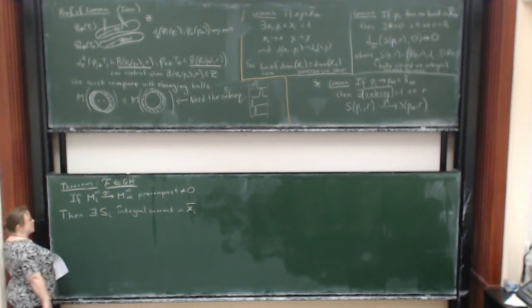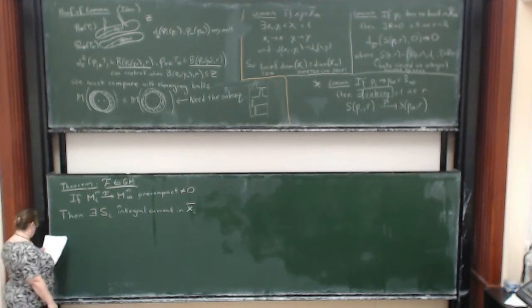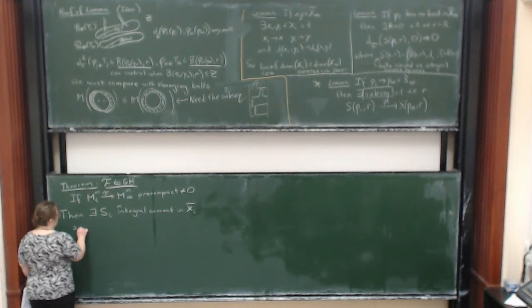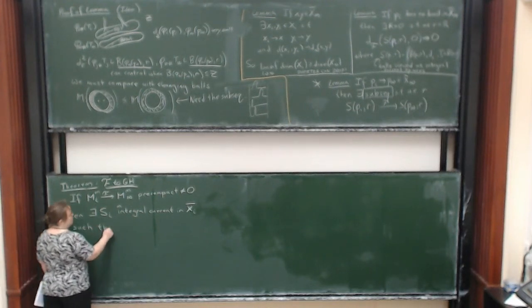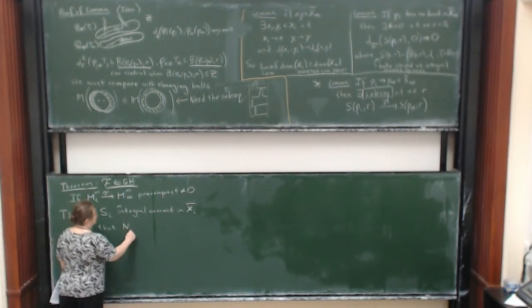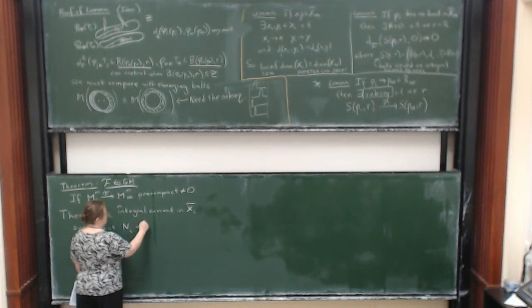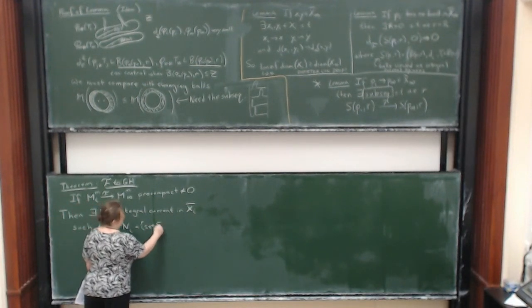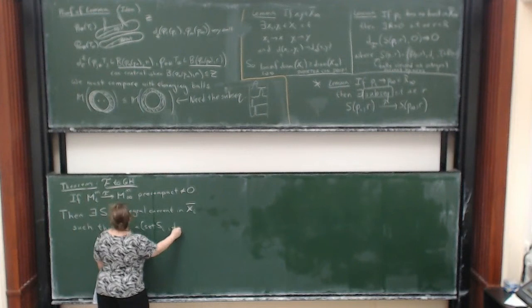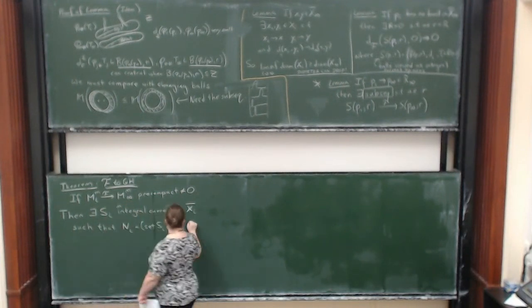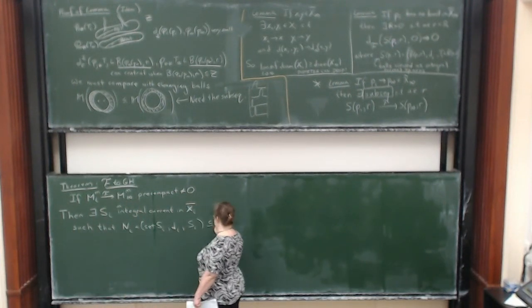So there are these S_i's, which are m-dimensional integral currents in X_i, such that if I create an integral current space N_i, which is equal to the set of S_i with d_i from the M_i's, originally S_i. So these guys are sitting inside M_i.